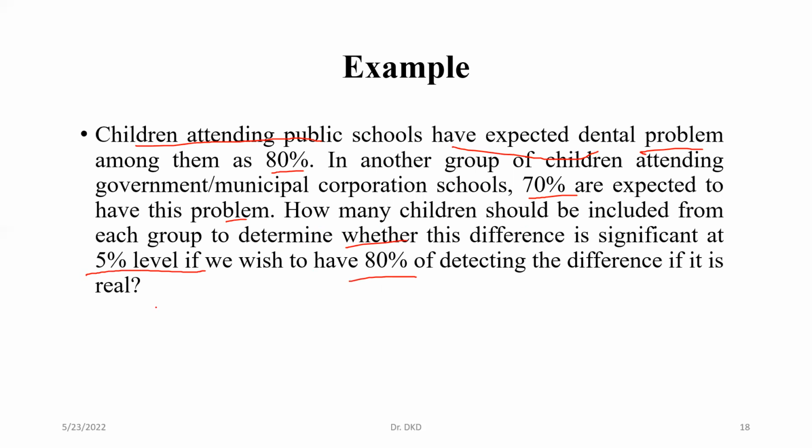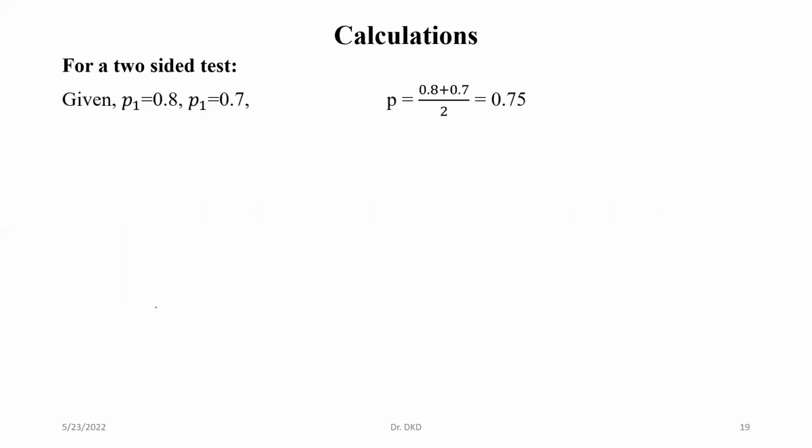Now we need to understand the calculation. First of all, we need to identify what is given in the question. P1 is given as 0.8 and P2 is given as 0.7. So P equals (P1 plus P2) divided by 2, which is 0.75.